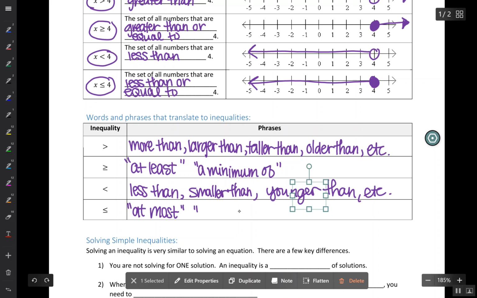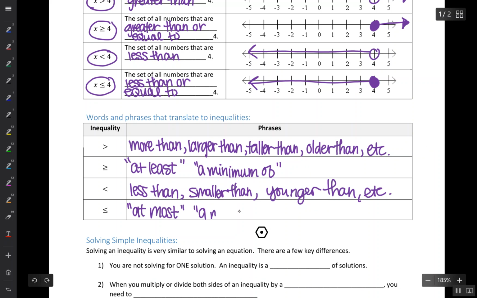Or for a minimum of, we could say a maximum of. So at most means that's the top limit. You can't have any more. Like this classroom can have at most 20 students. Okay.